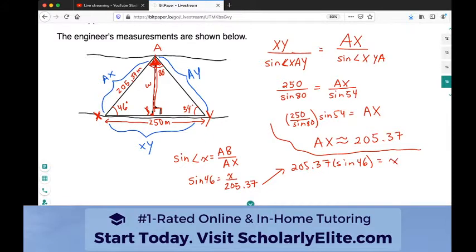And that gives us a width of approximately 147.73. Yay! Great. So the width of the river is, to the nearest tenth, 147.7 meters.